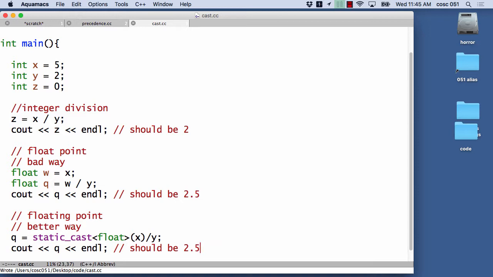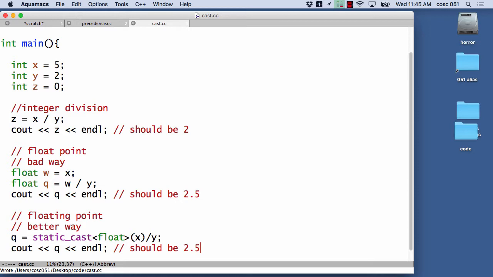What static cast does is it says, look at the thing that's in these parentheses and temporarily change its type to a float. In fact, it's not really temporarily changing it. What it's really doing is, it looks at x and it goes, oh, I have an integer value. This whole thing becomes the corresponding floating point value. So now we have the floating point value of x over y.